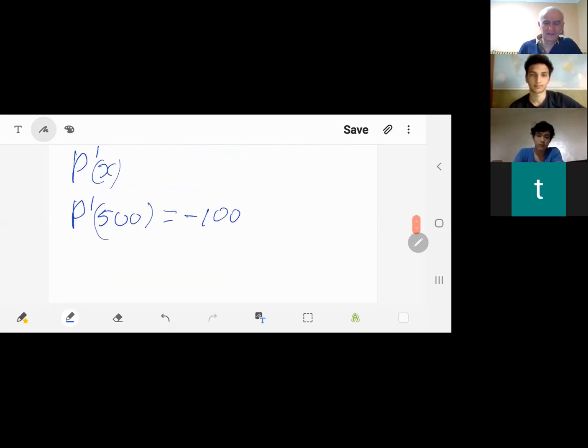Okay, now, for example, we have a profit function, and I will write down this profit function now.